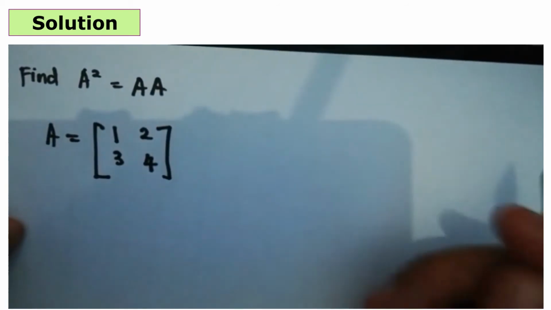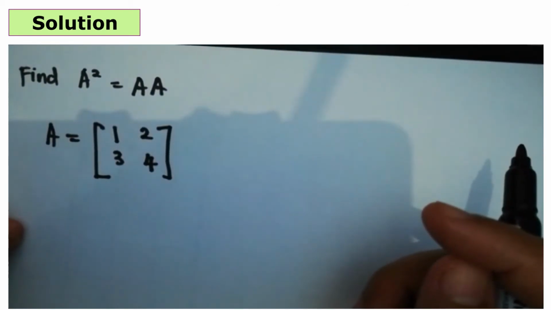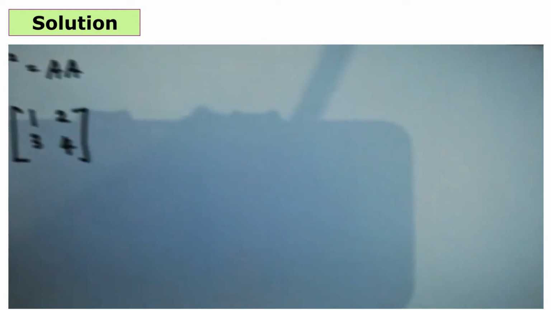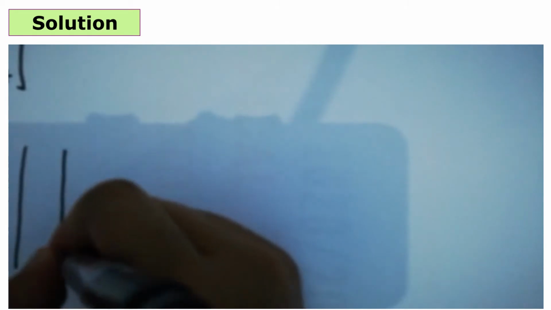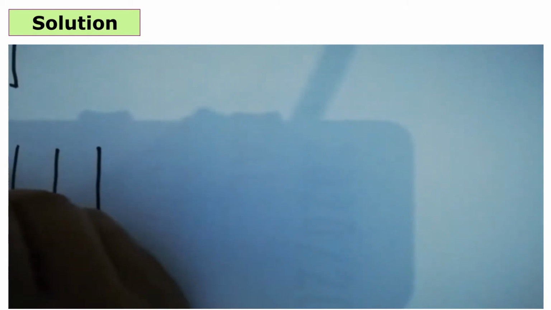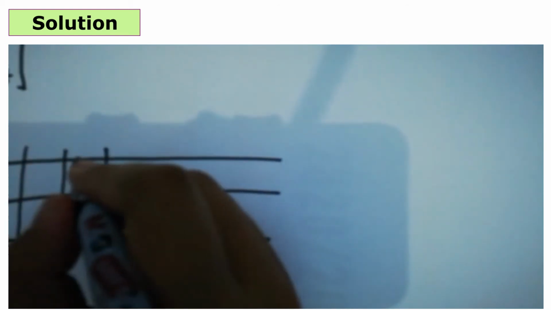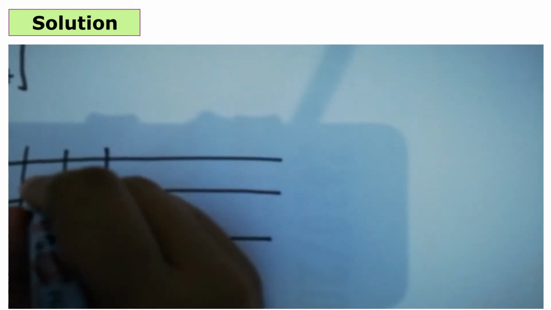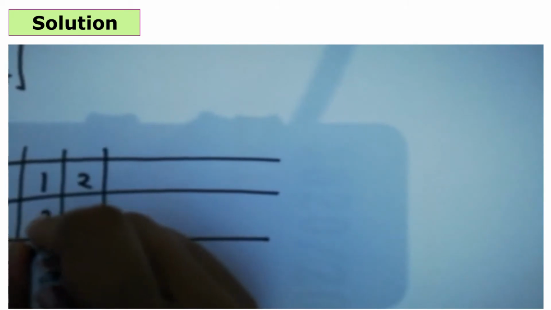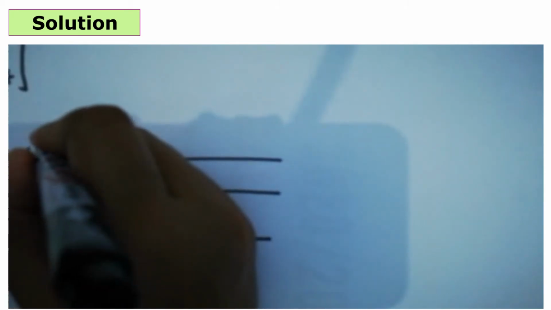Okay, so to find the product of A, the simple way is we just write the matrix A, so the elements are 1, 2, 3, 4.